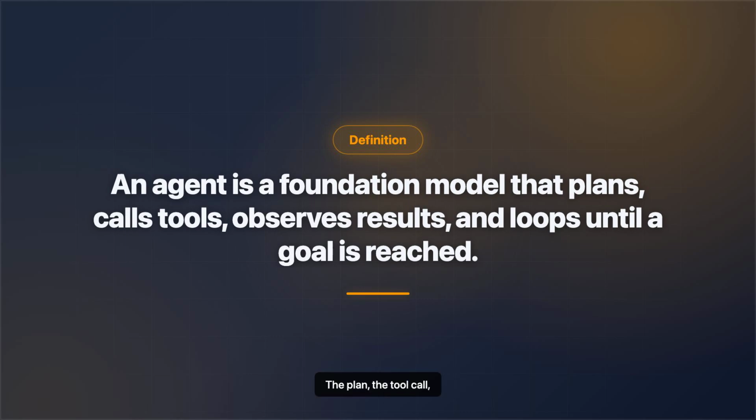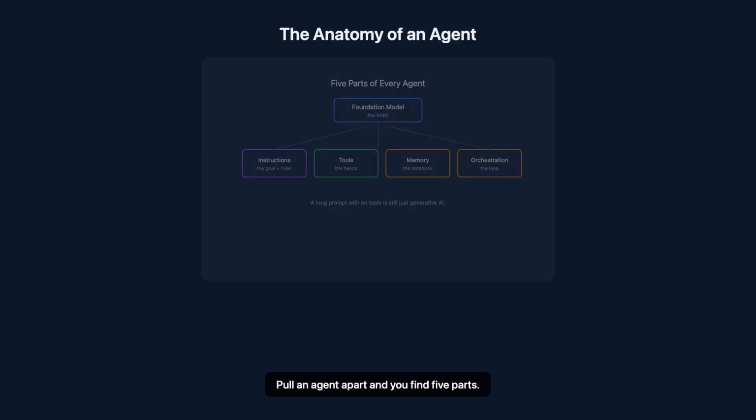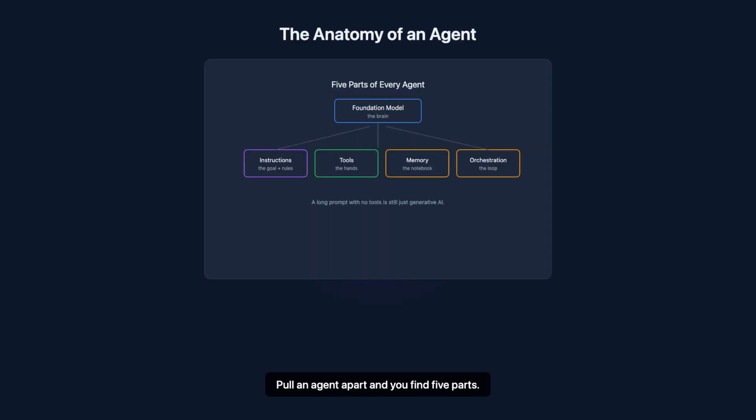The plan, the tool call, the observation, and the loop are not abstract. They map onto five concrete moving parts. Let's name them. Pull an agent apart and you find five parts. The foundation model is the brain. It does the reasoning. The instructions carry the goal and the rules it must follow.